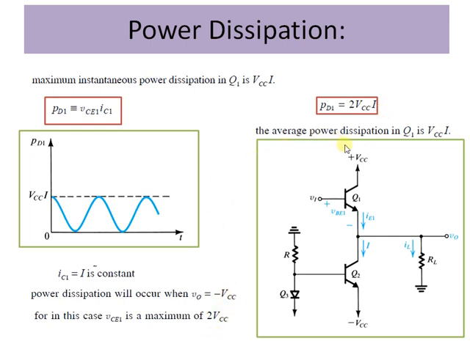So the average power dissipation in Q2 will be equal to VCC into I. The same equations derived for the transistor Q1 will be applicable for the transistor Q2.